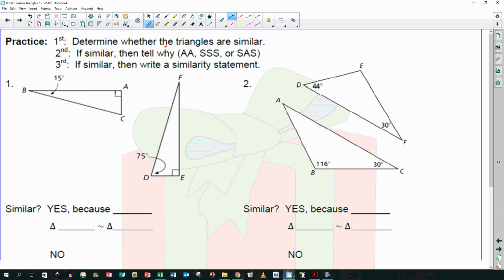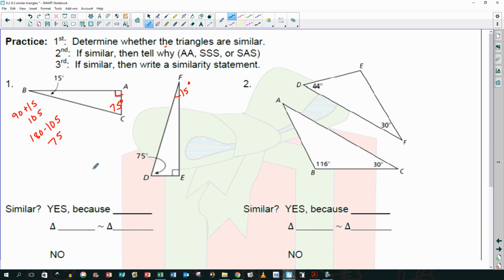So if this is 90 and this is 15, 90 plus 15 is 105. So what's left over? 180 minus 105 is 75, so this would be 75 degrees. Well, if this is 90 and 75, then this is going to be 15.